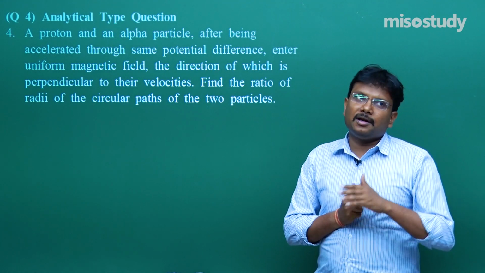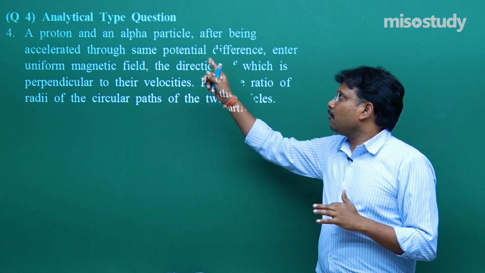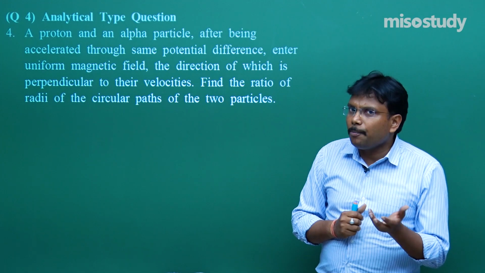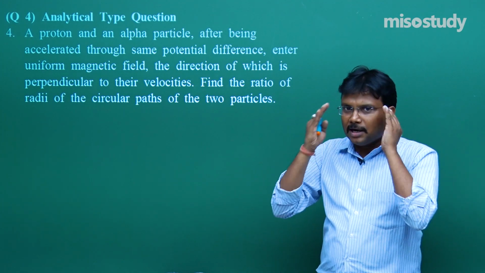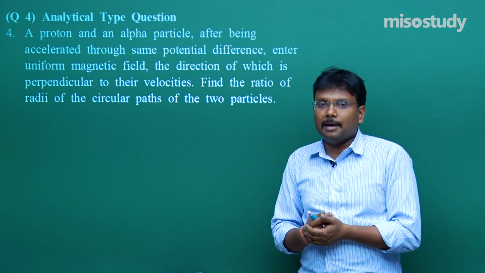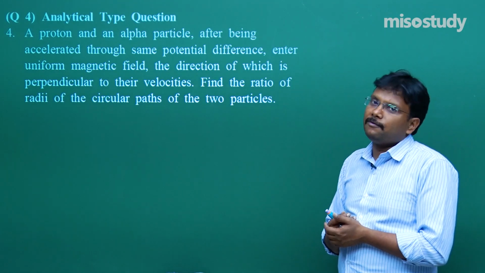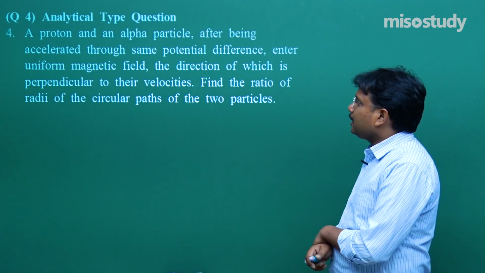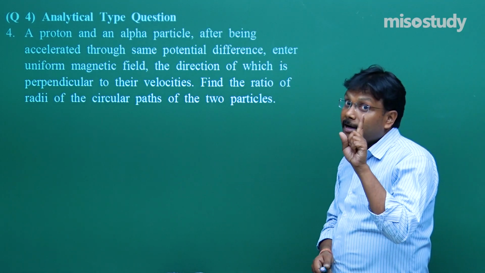The charge of the proton is q, then the charge of the alpha particle is double of that, and it is also positive. So if you start thinking this way while you are preparing for this exam, in the examination hall you will find yourself in a very comfortable position. Fine. Accelerated through the same potential means the same kinetic energy.